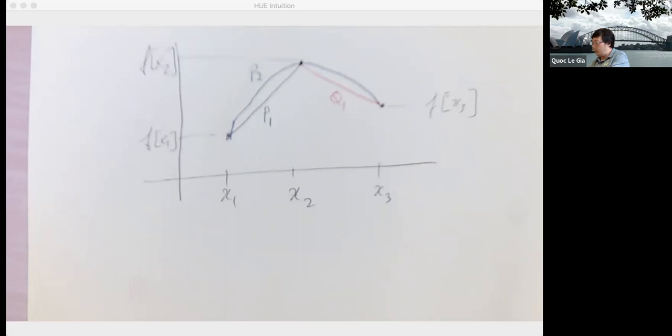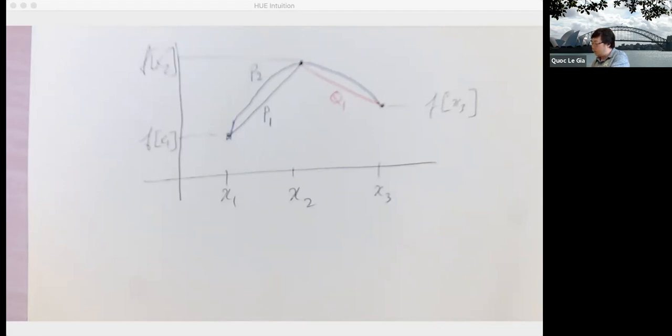So I have Q1 equals f(x2). Remember, now I construct Q1 on x2 and x3, so that's why I start with f(x2), plus the divided difference over x2, x3, times (x minus x2).